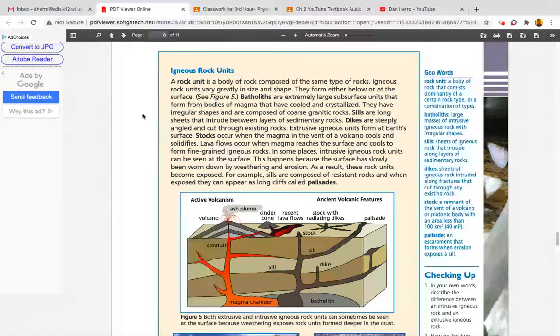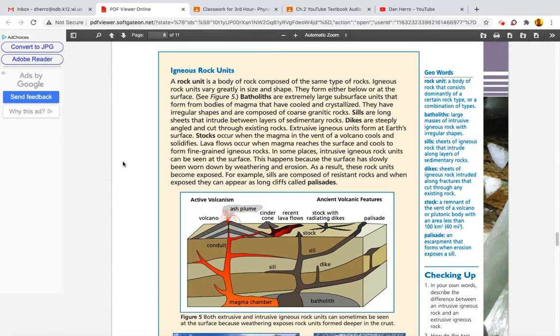Sills are long sheets that intrude between layers of sedimentary rocks. Dikes are steeply angled and cut through existing rocks. Extrusive igneous units form at Earth's surface. Stocks occur when the magma in the vent of a volcano cools and solidifies. Lava flows occur when magma reaches the surface and cools to form fine-grained igneous rocks.